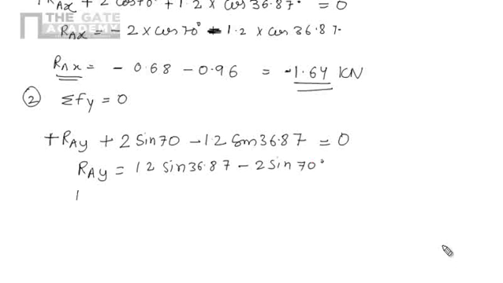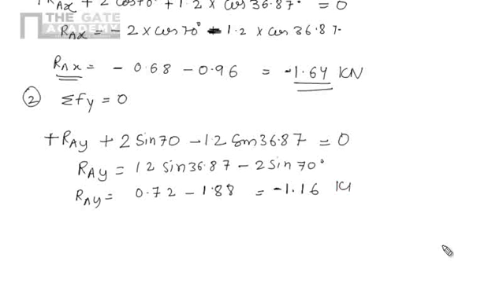If we multiply 1.2 with sin 36.87, we get 0.72. Similarly, if we multiply 2 with sin 70, we get 1.88, and if we solve it, we get a value of 1.16 kilonewton, and again it is coming in the negative direction.